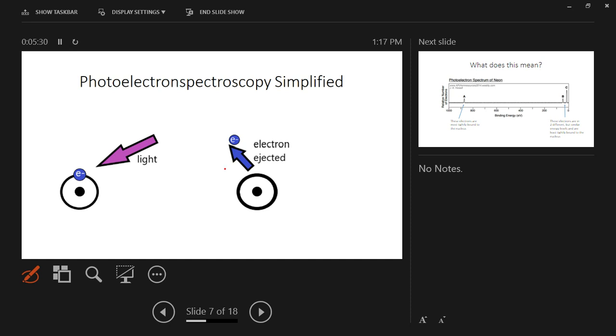And the kinetic energy of the electron is measured, and because you know the intensity of the light or the wavelength of the light that you shined on that element, you can determine the binding energy that that electron had, because the amount of energy that was absorbed by the electron is the same as the binding energy that was keeping it close to the nucleus.